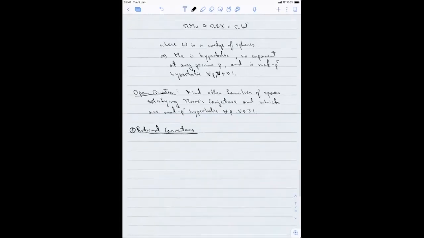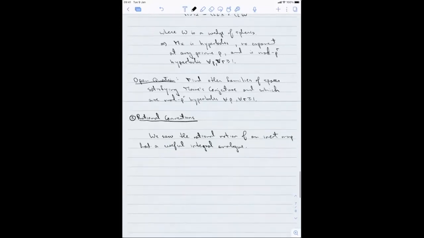So we saw that this rational notion of an inert map had a useful integral analog, which let us say things about connected sums and loops on connected sums, for example.